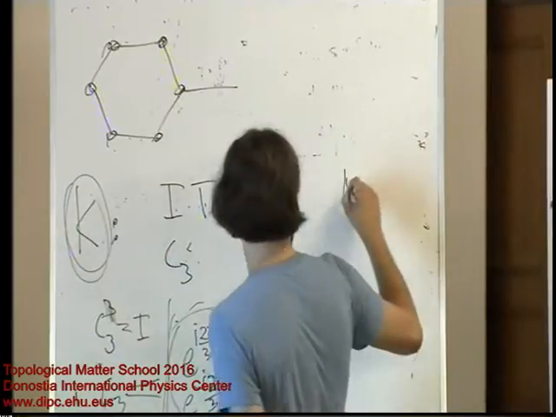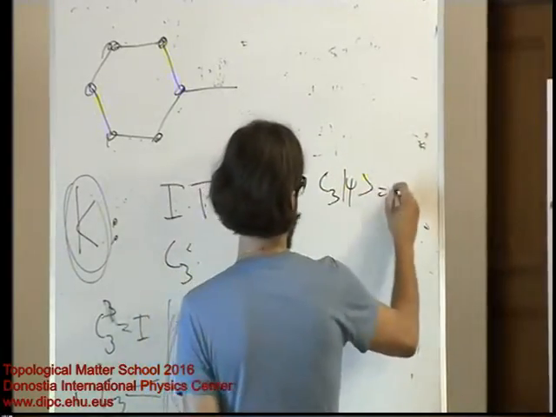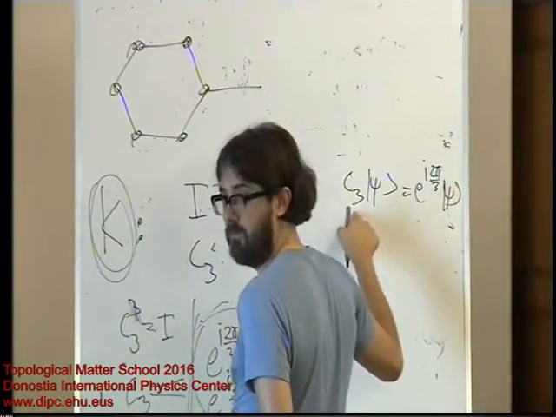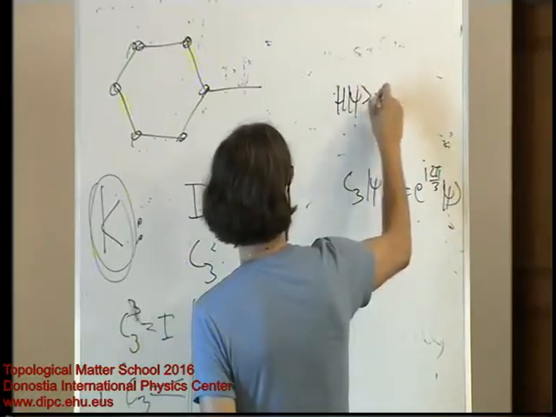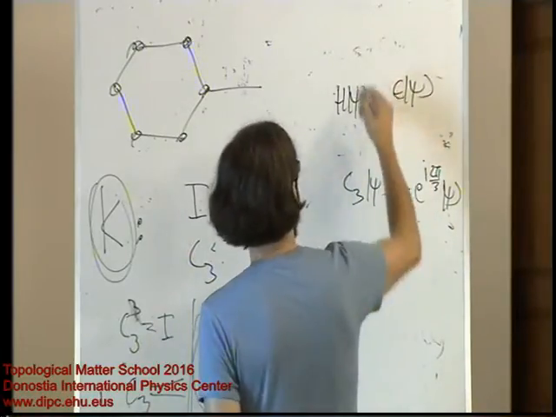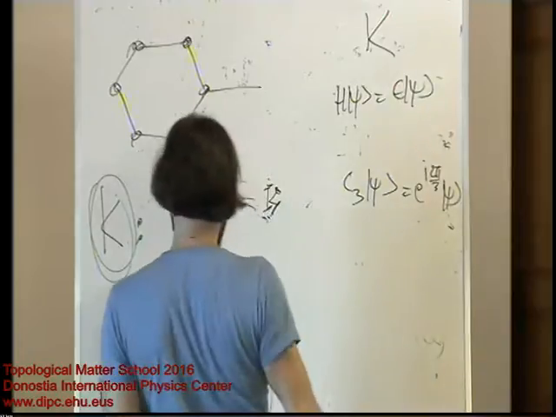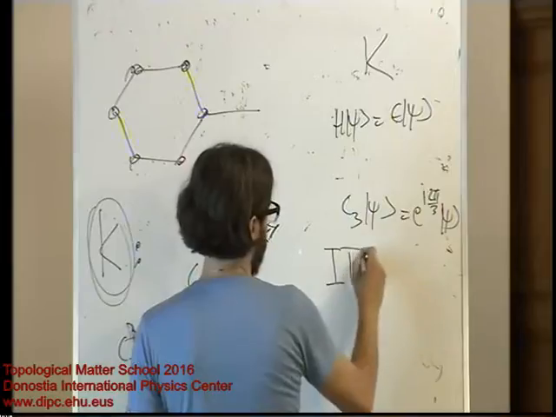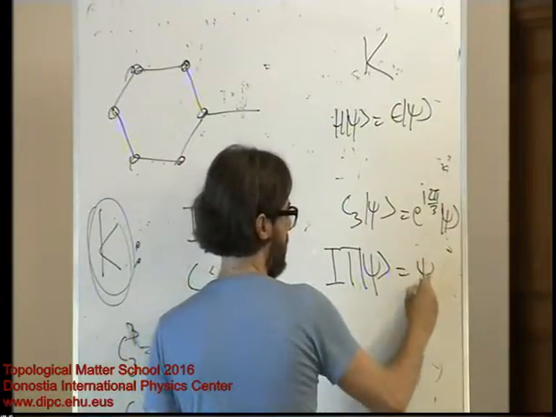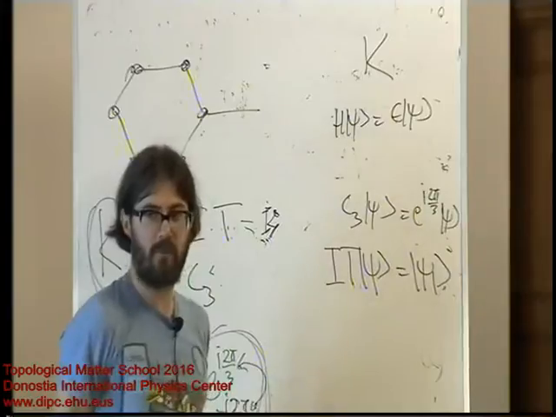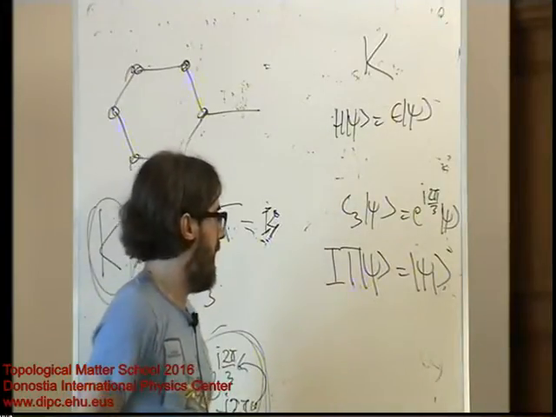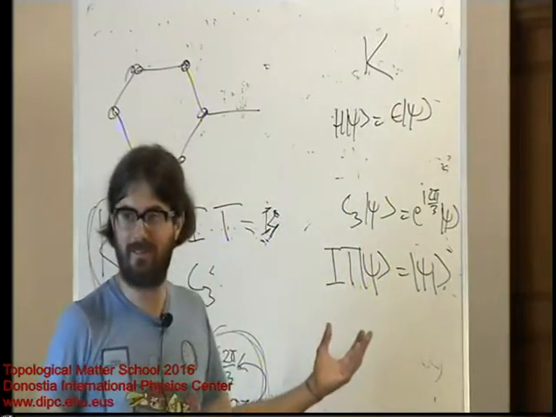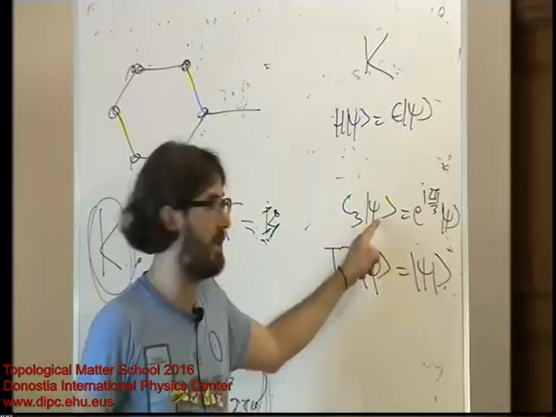So in other words, if I find a state psi such that C3 times psi is e to the i 2 pi over 3 times psi, and this is an eigenstate of the Hamiltonian, so H psi is equal to E psi at the K point, then inversion times time reversal times psi is a new state psi 1. And there's two possibilities. Again, either psi 1 is the same thing as psi.